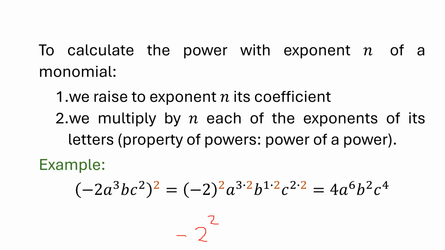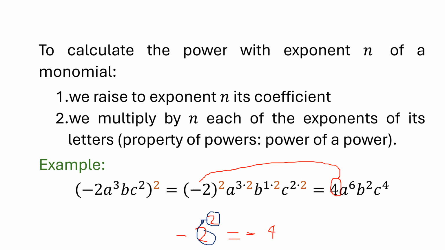Because negative 2 in parentheses squared is equal to 4, okay? While negative 2 squared without parentheses is equal to negative 4, okay? This is extremely important because this 2 here only refers to this 2 here. This negative sign is not considered, okay? This is fundamental.